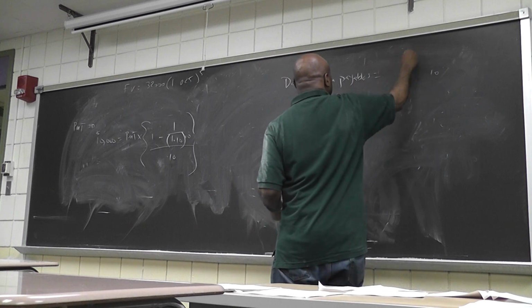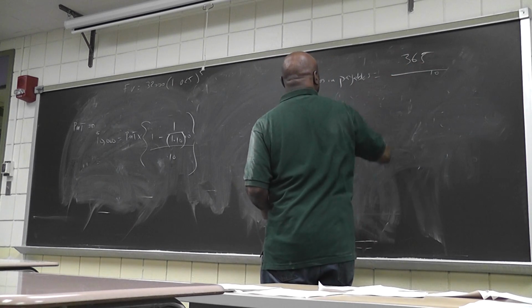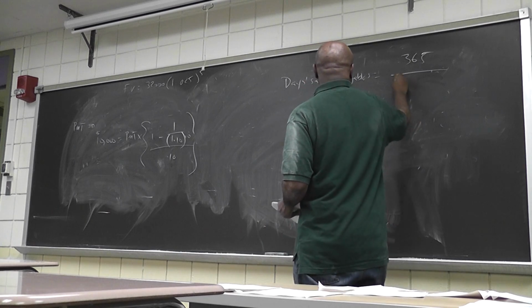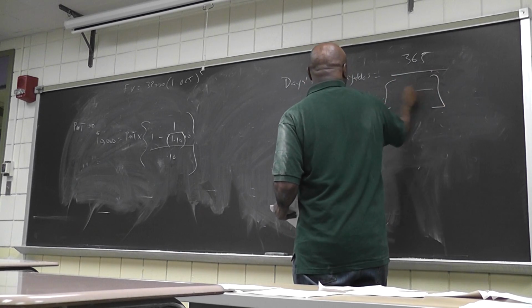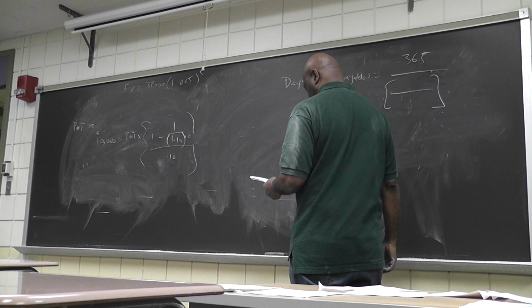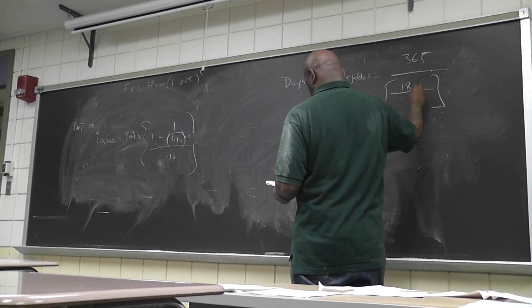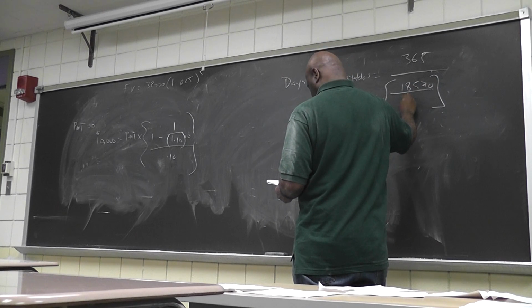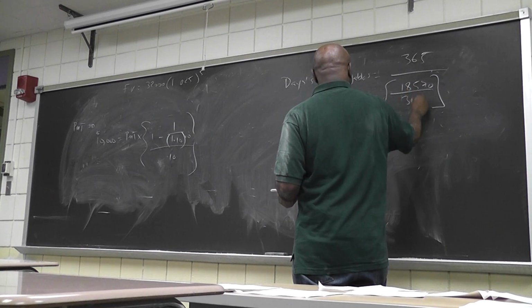So that's 365 over the payables turnover, which is itself a ratio, right? Of cost of goods sold over payables. That's right, 18,570 over payables, which is 5.9807.